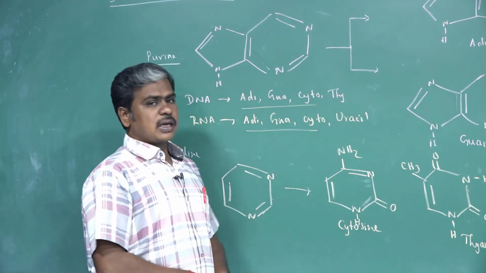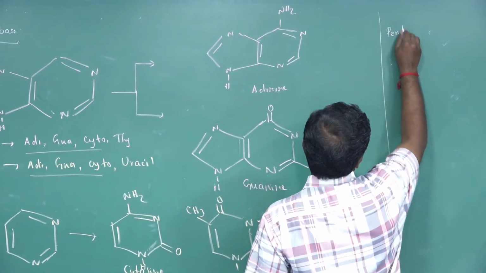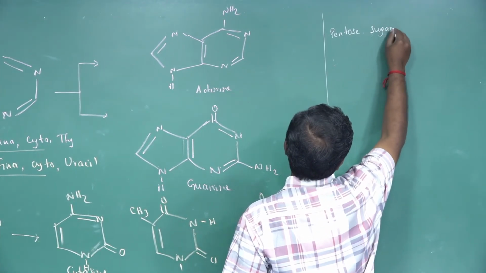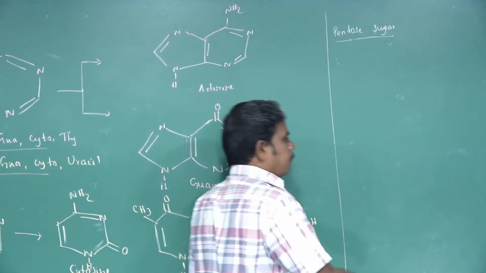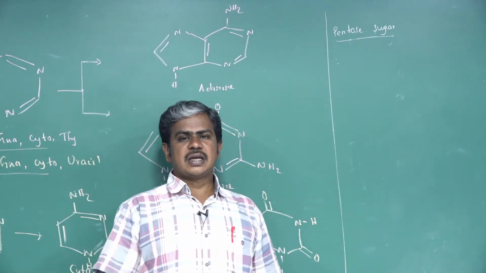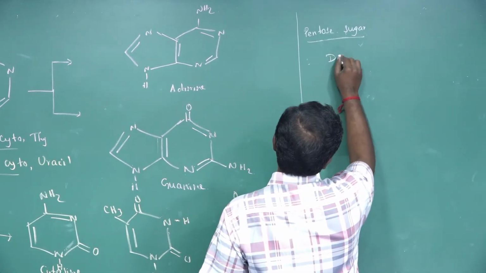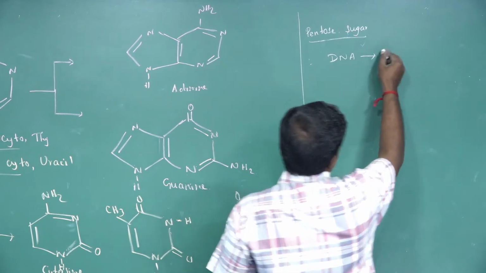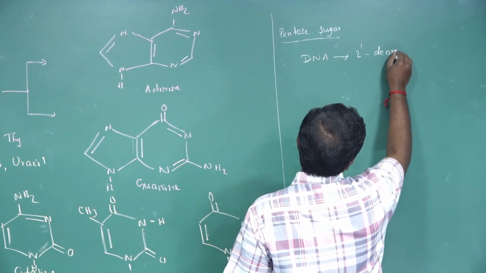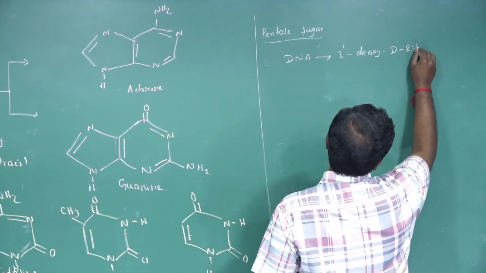Now we are taking the pentose sugar. The pentose sugar in DNA is 2-deoxyribose, that is, 2'-deoxy-D-ribose.